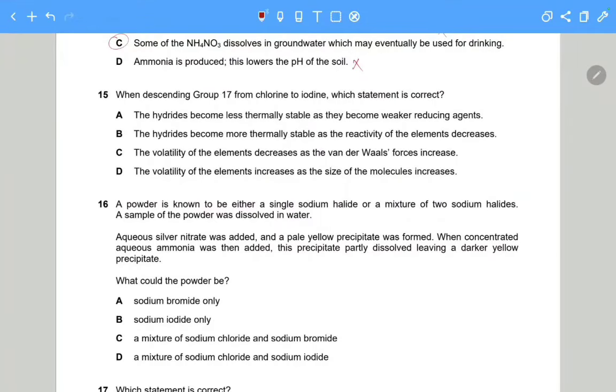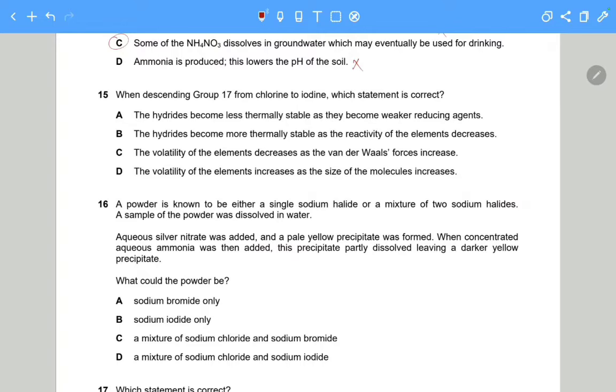Question 15. When descending group 17 from chlorine to iodine, which statement is correct? The hydrides become less thermally stable as they become weaker reducing agents. This is actually wrong because they become weaker oxidizing agents. The hydrides become less thermally stable.